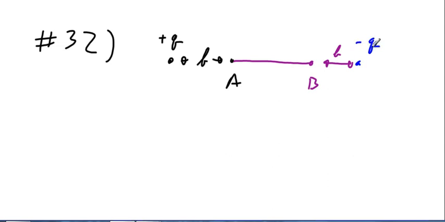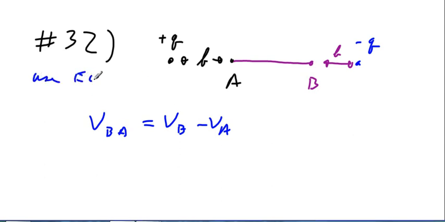Okay, determine the formula for the voltage B to A, which is voltage B minus voltage A, for the points B and A on the line between the two charges as shown. Okay, so we're going to use equations 23-2b and 23-5. That's what we're going to do.